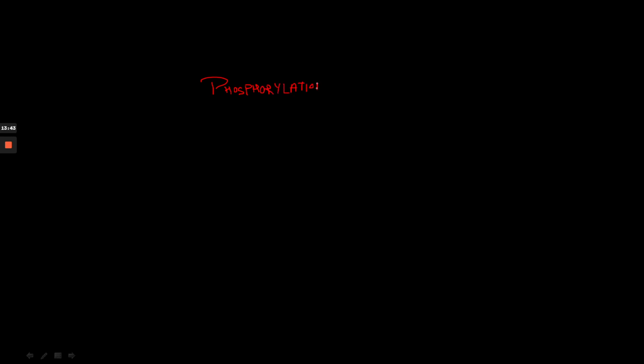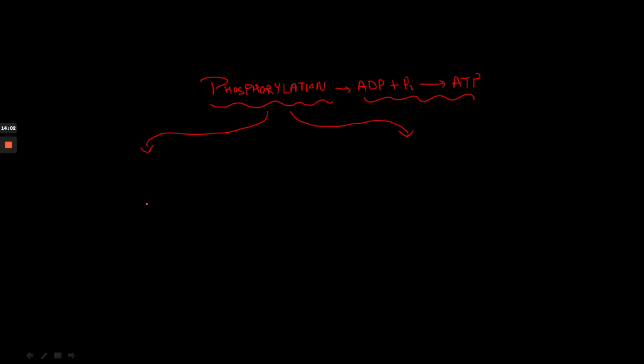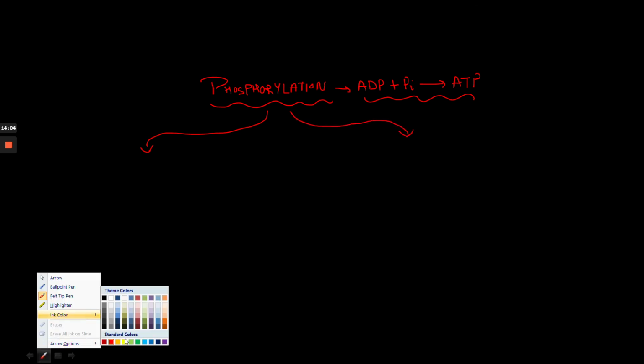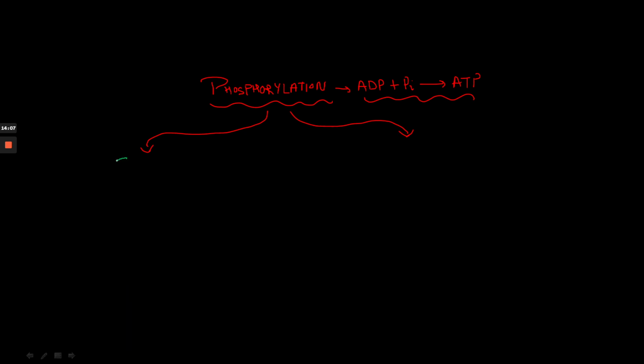And this phosphorylation, that is the production of ATP from ADP plus inorganic phosphate, can occur in two types during cellular respiration. The very first one is substrate level phosphorylation.